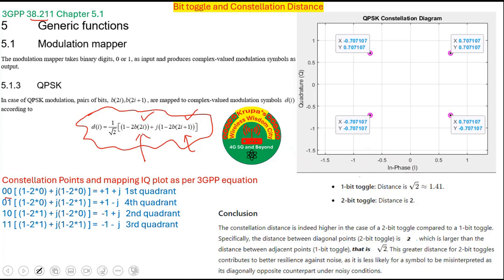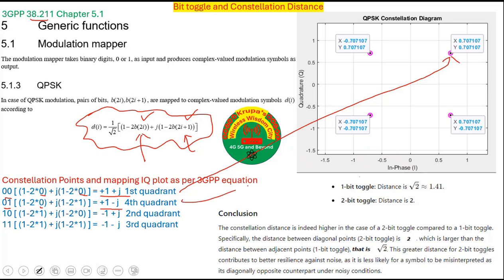If you apply 0 here and 0 here, then you are getting the constellation point plus 1 plus j. That means 00 is getting mapped to my first constellation point. Then if you take 01, this is 0 and 1 is here. Look at this: it is plus 1 minus j.